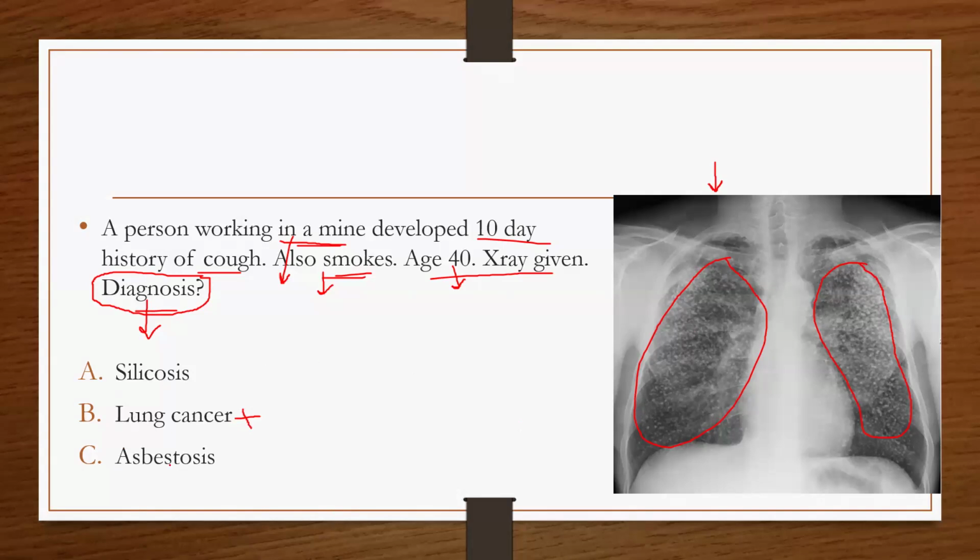Now, how do you exclude one out of this? Suppose you know nothing about silicosis or asbestosis or the changes that happen in those diseases. The next clue that you have is working in a mine.